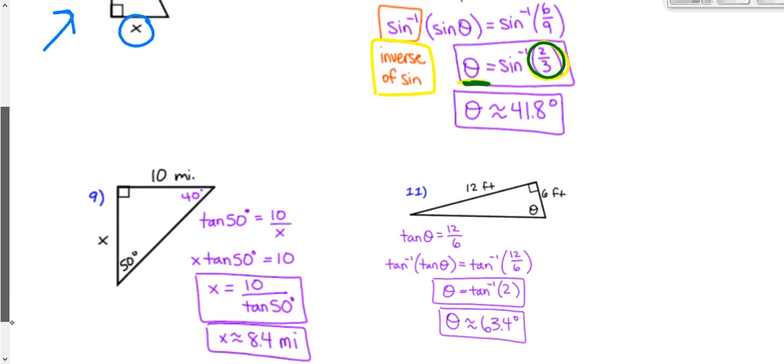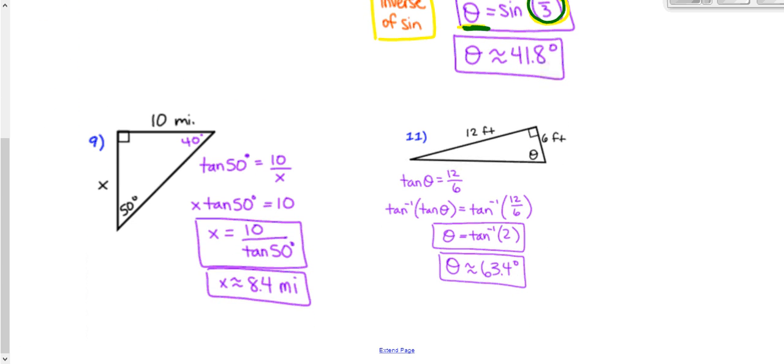Similarly, we did a problem where we used the tangent ratio. We knew the angle, and that was our input, and our output was a ratio. We did another problem where we didn't know the angle, and we used the inverse tangent. We input the ratio, we output the angle.